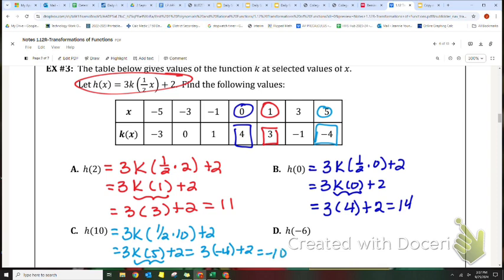And then the last one here, h of -6, is 3k of 1/2 times -6 plus 2, which is 3k of -3 plus 2, which is 3k of -3 is 0 plus 2, which is 2.